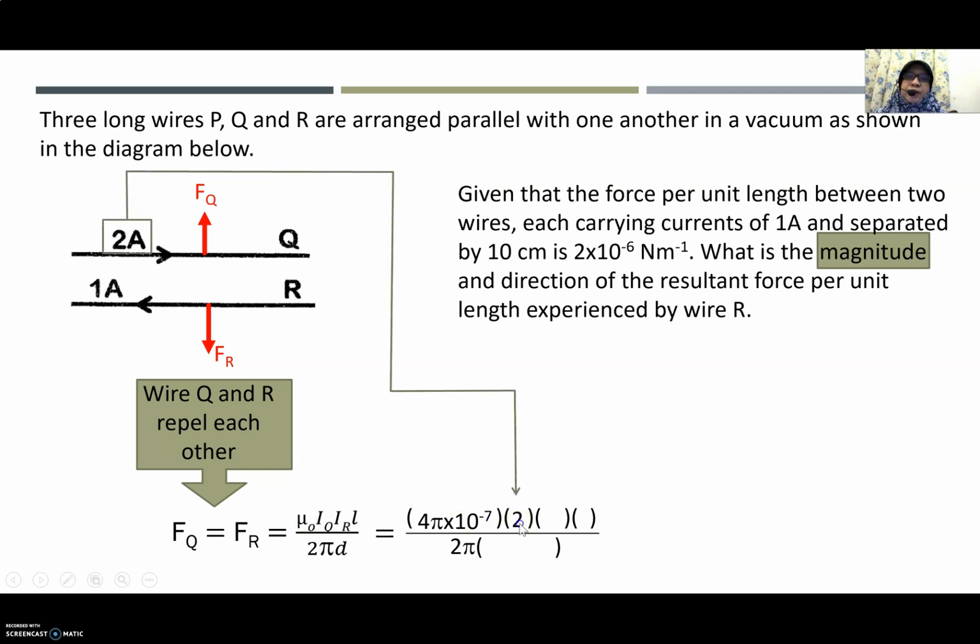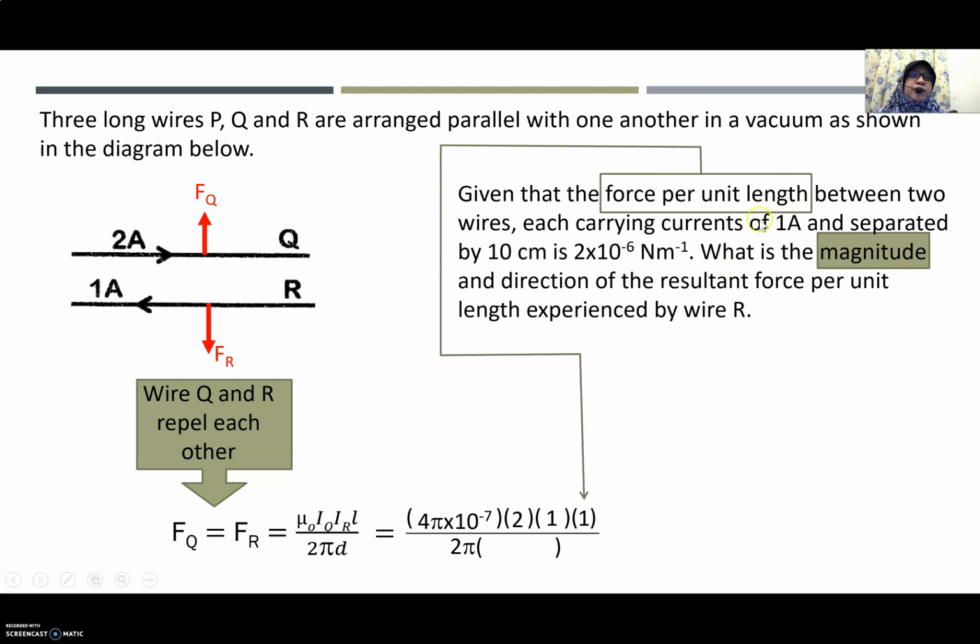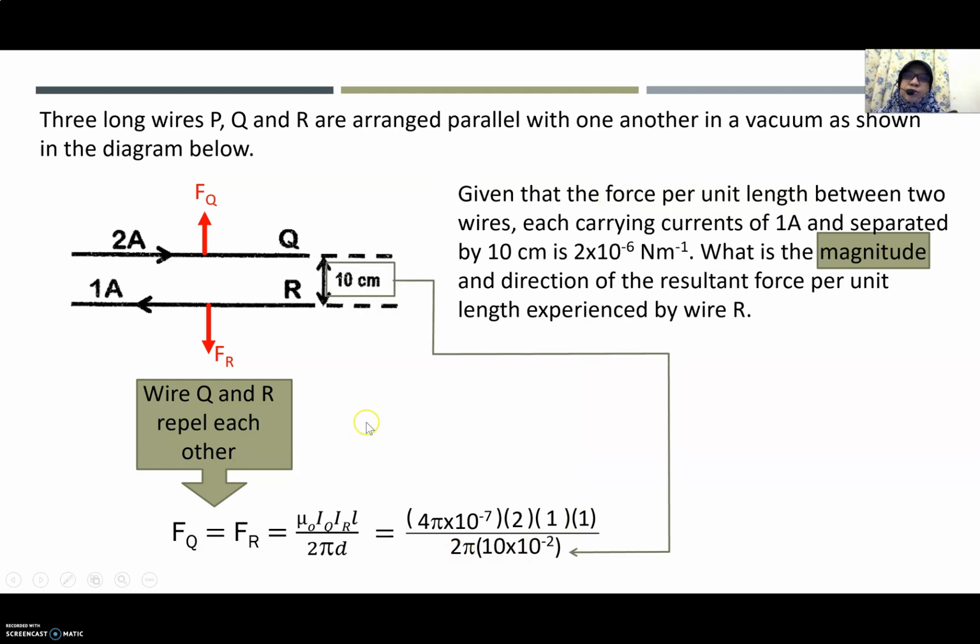IQ is 2 ampere. IR is 1. Force per unit length means per 1 meter, so substitute 1 meter into the equation. 2 pi, and the distance between the two wires is given as 10 centimeter, so convert to meter. The answer is 4 times 10 to the power of negative 6 Newton.